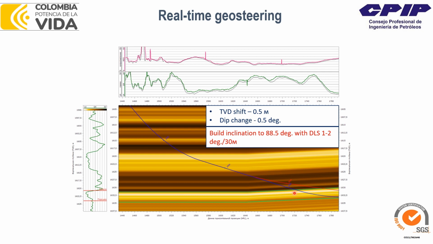Okay, so here you see that to keep the borehole inside the pay zone, we have to build the inclination to exactly 88.5 degrees with a soft dogleg of 1 to 2 degrees per 30 meters. Okay, now this red text is the main geosteering recommendation, which comes with the geosteering report and supporting correlation picture, and now it's ready to be executed by the directional driller.